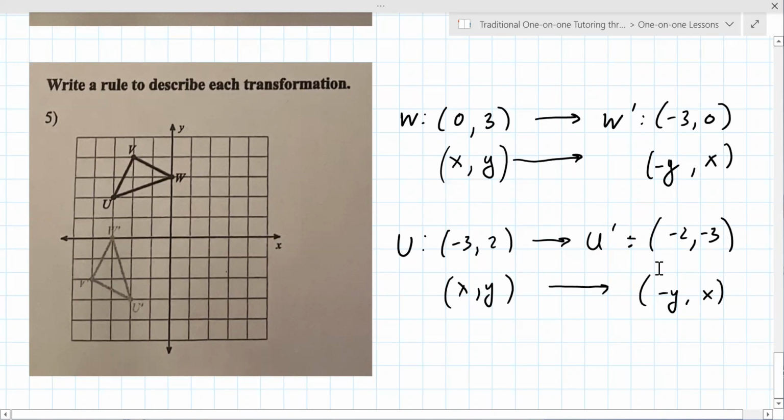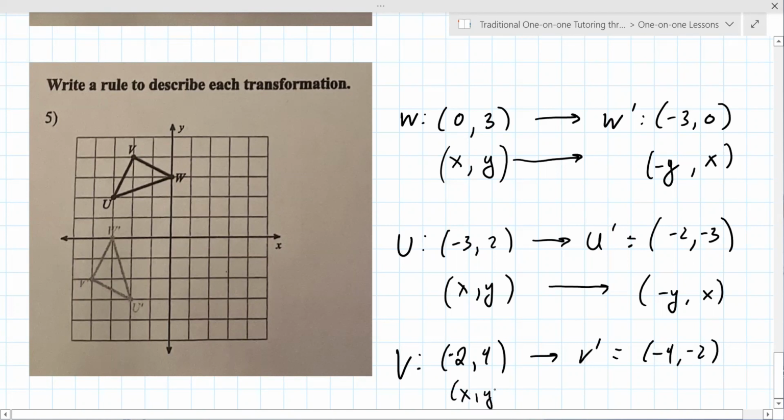All right, so you're supposed to go through and do all the points. We're pretty solid at this point, but on a test or quiz, we'd probably want to do this. So V prime is (-4, -2). I didn't do this right. It's (-2, 4) to (-4, -2). So yeah, this one also checks out.